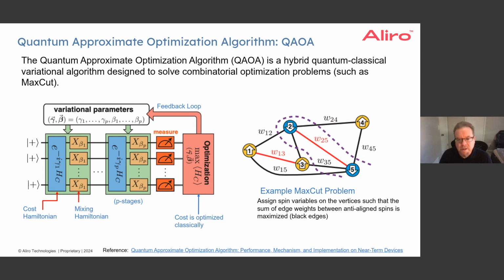like Boolean satisfiability or other logistical optimization problems. One example that's used a lot is called the max cut problem, which is a graph problem. But anyway, the structure of the quantum part of this computation is decomposed into a cost Hamiltonian and a mixing Hamiltonian.